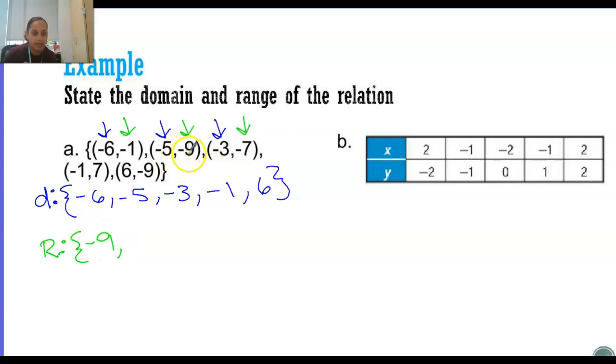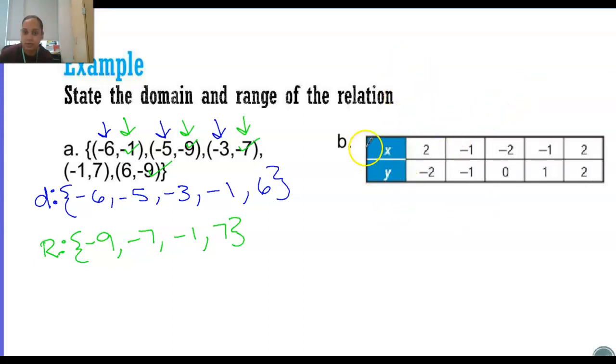And I actually see it written twice, but whenever we do our domain and range, we don't write the same number twice. So I would have -9, then -7, then -1, and then 7. That's how I would do domain and range from a set of points.